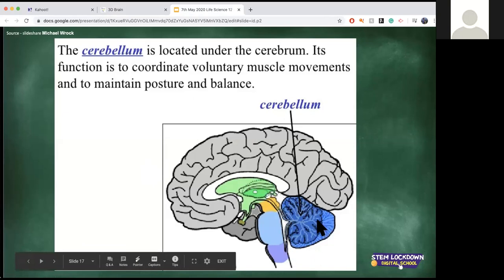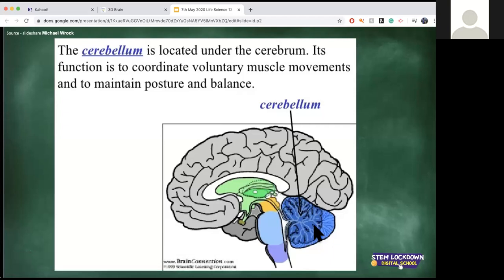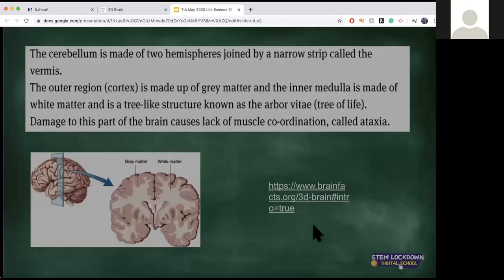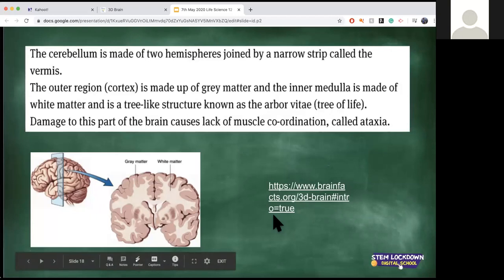This is voluntary muscle movements, posture, and balance. Voluntary muscle movements, again, you choose the muscle that moves, posture, and balance. The cerebellum, like the cerebrum, is made up of two sides, the left and the right hemisphere, and you have gray matter and white matter.